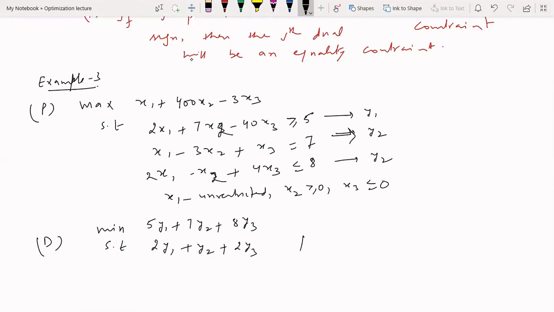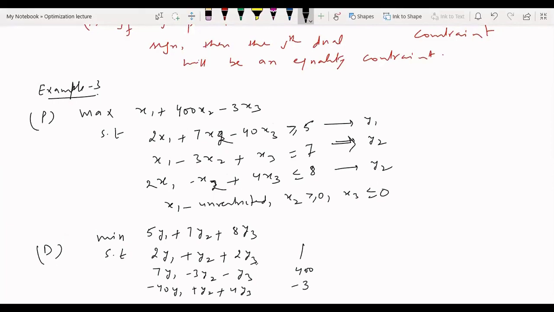Then my second constraint will be 7y1 minus 3y2 minus y3, and the right hand side is 400. And the third is minus 40y1 plus y2 plus 4y3, with right hand side minus 3. And then the sign, obviously.